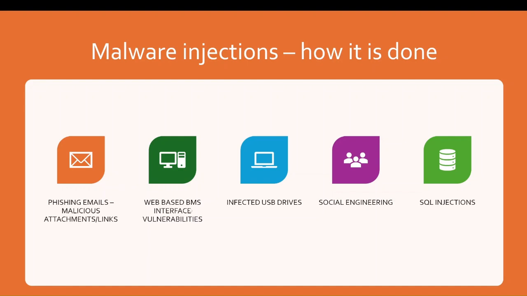The next one is web-based BMS interface vulnerabilities, and that's what I'm going to be talking about in more detail. And then there's infected USB drives, so USBs can store anything, and if you just plug it into a computer, then it could just activate code. Social engineering and SQL injections are other ways to do it.